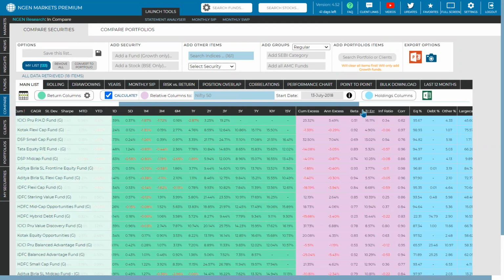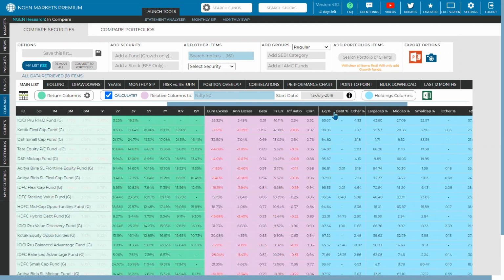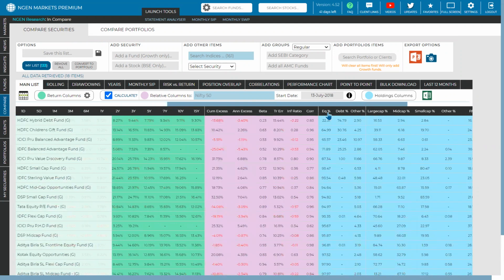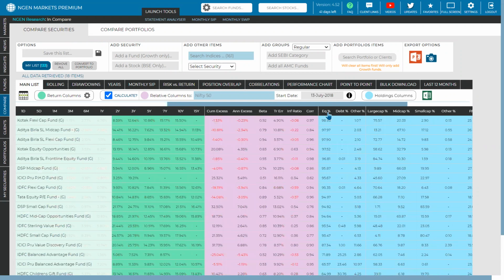Right now you just see equity, debt, and there will be another column saying net equity. We already have the data for all the funds with derivative positions. Yes, it's long pending. We'll get that done. We have just released a couple of other features, but this one should be coming soon. Yeah, thank you.